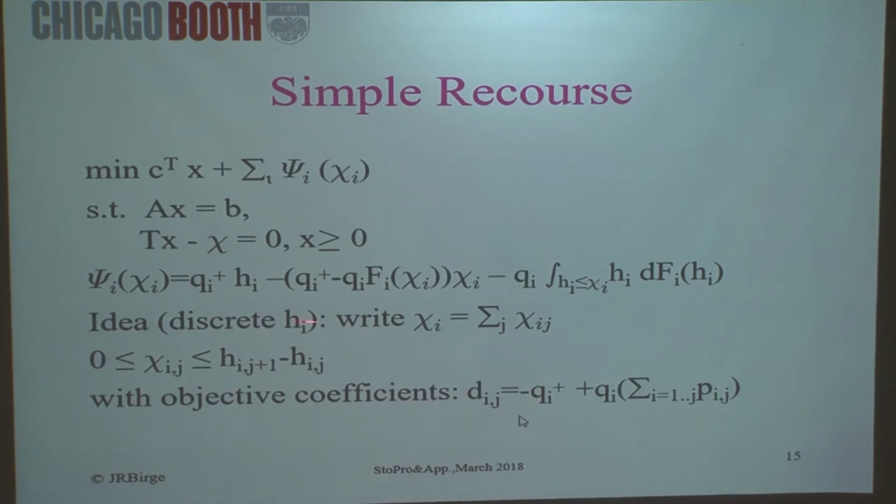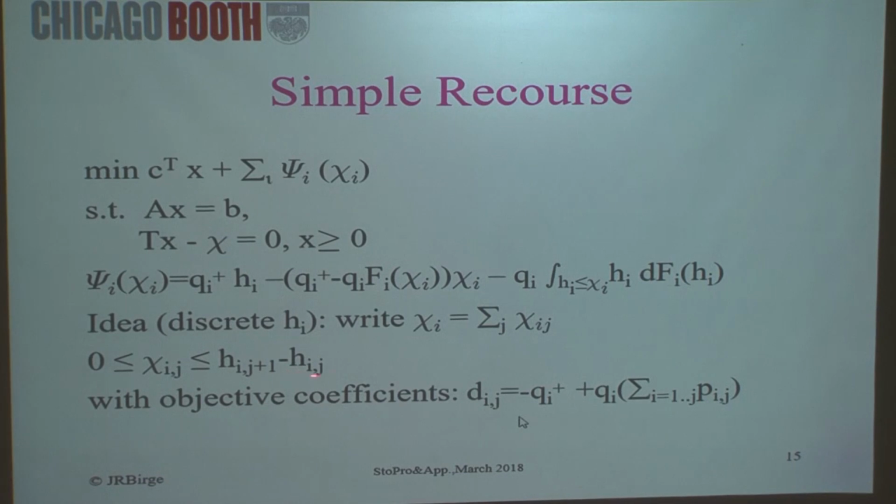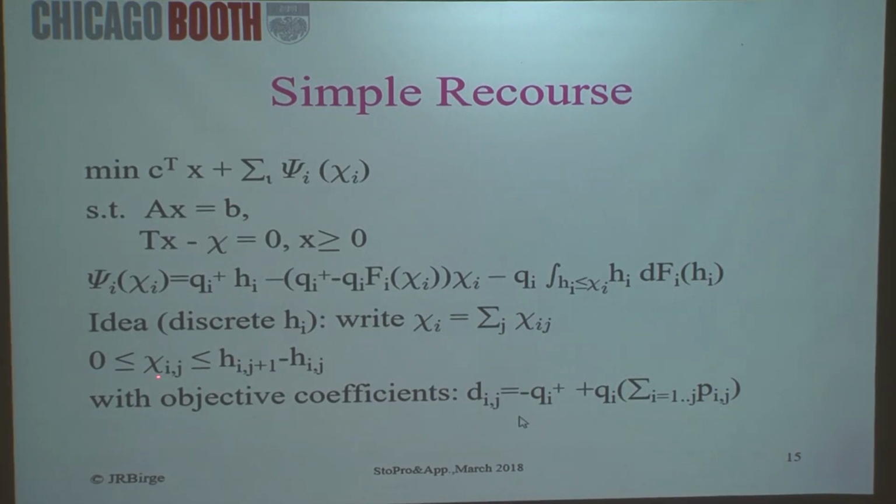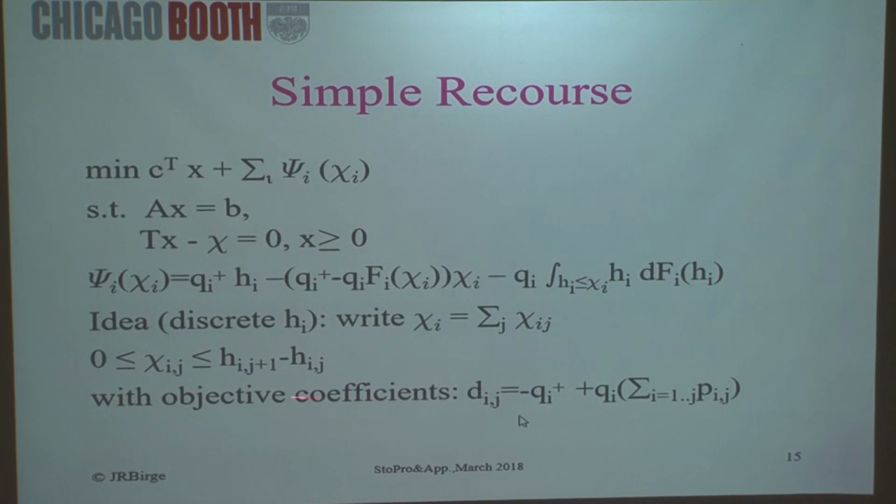So I've written h, let's say the ith component of h has realizations j from 1 up to however many there are. And chi_ij is representing the difference in those realizations. So I can rewrite it with these variables chi_ij and then just give them a different coefficient for each one of the chi_ij's.